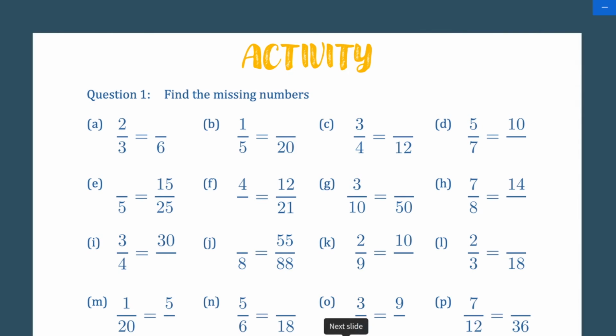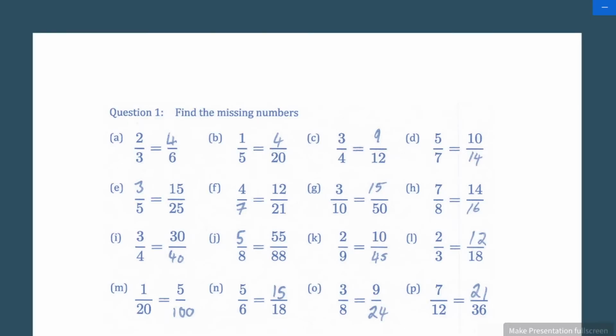Okay, moving on. Here are the answers to the first activity, the second activity actually. Mark these answers, and I am going to give you a very similar activity for the next one. Then you can finish off the lesson.